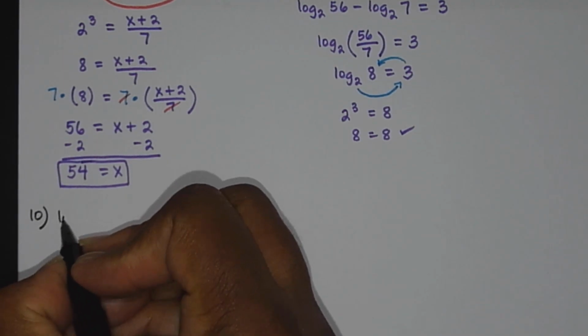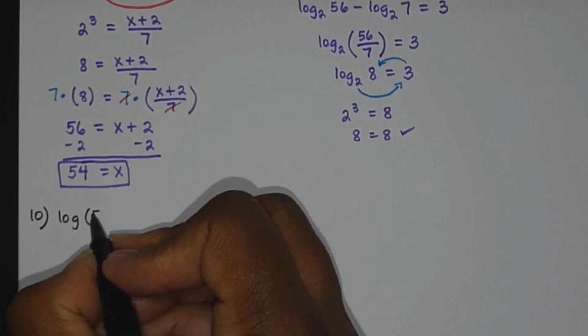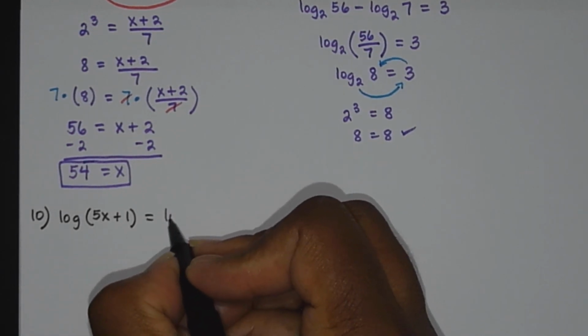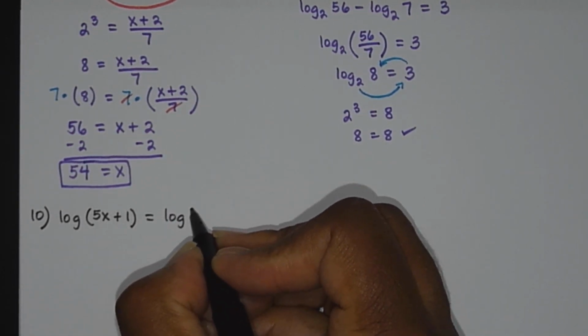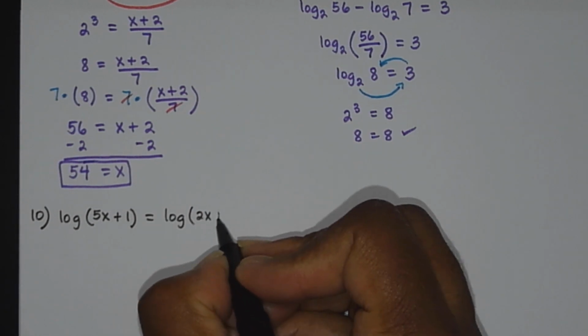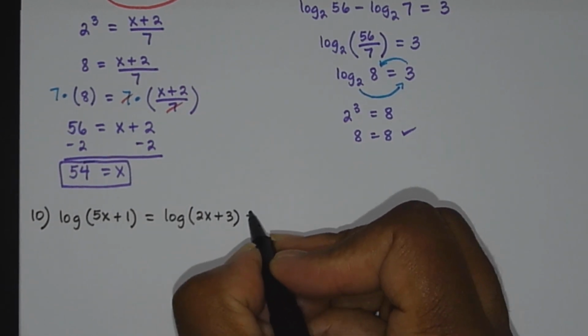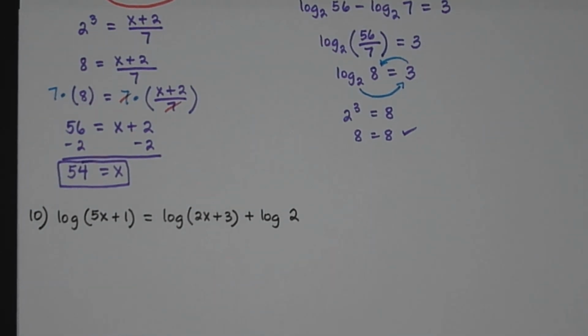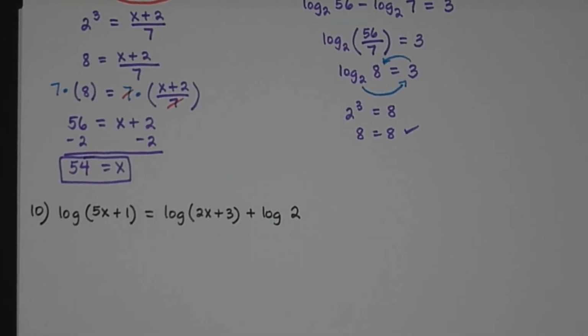Here we've got log of the quantity 5x plus 1 equaling the log of 2x plus 3 plus log of 2. Now, unlike number 9, number 10 has logarithms on both sides of the equation.